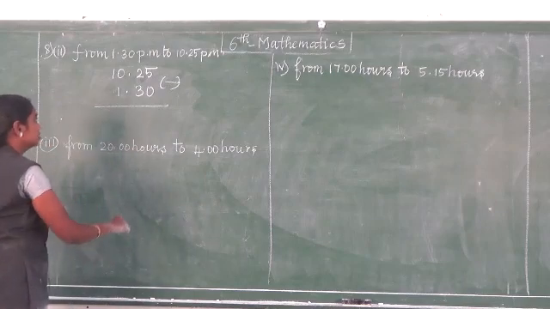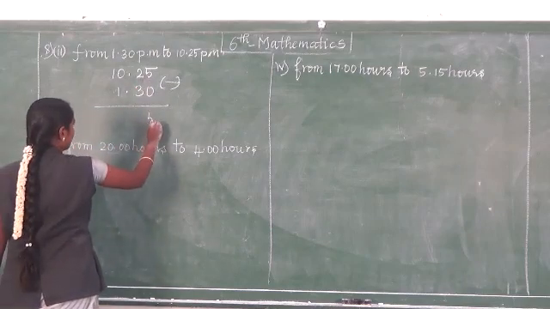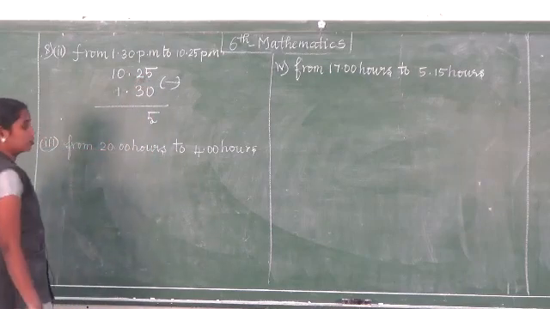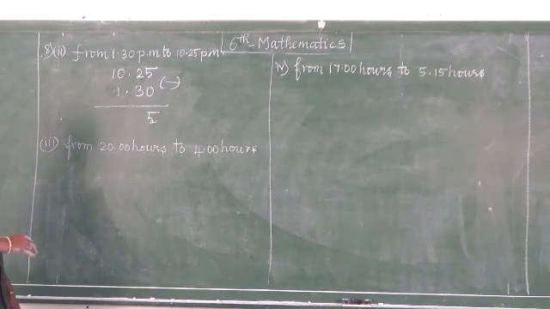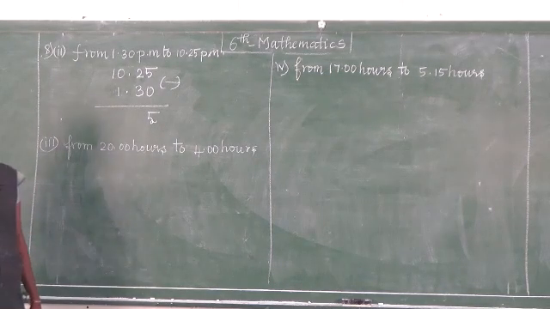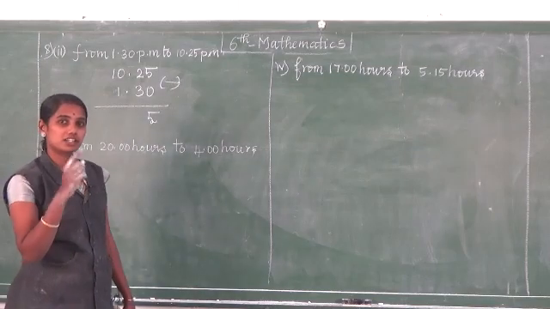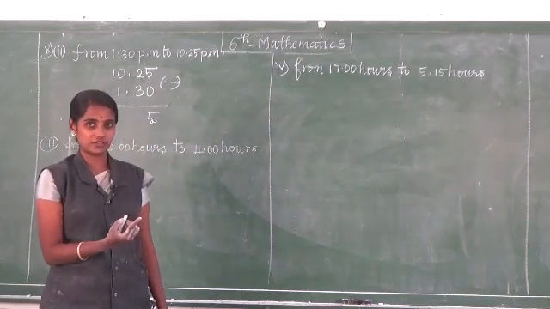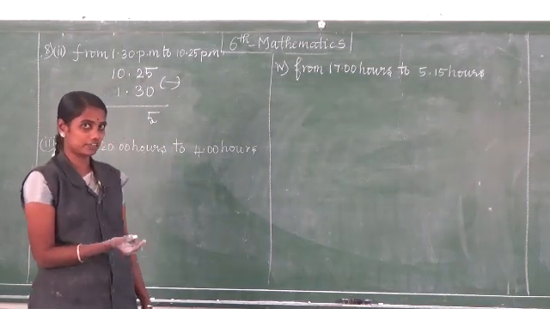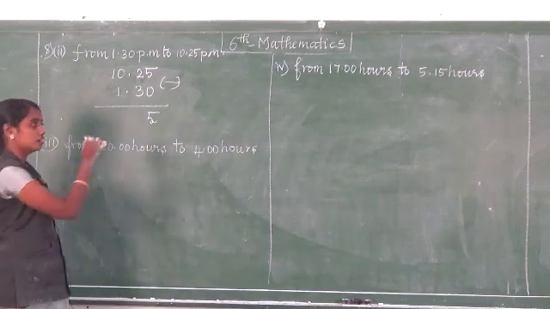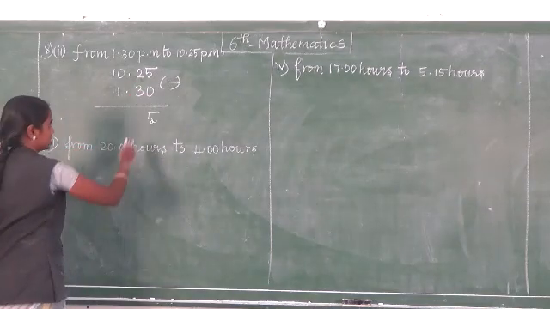Subtraction, listen. 5 minus 0 is 5, then for 2 we cannot borrow. So what you have to do here, we will borrow, but it is not a normal one because here we have hours and minutes. Hours and minutes are different. When you borrow 1 hour, here you have to add the 60.